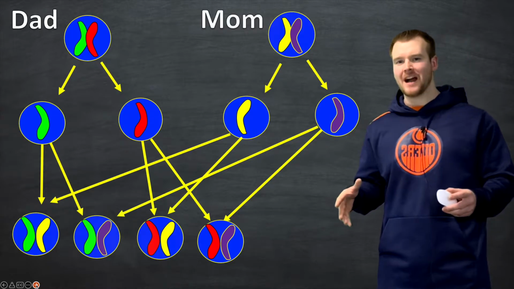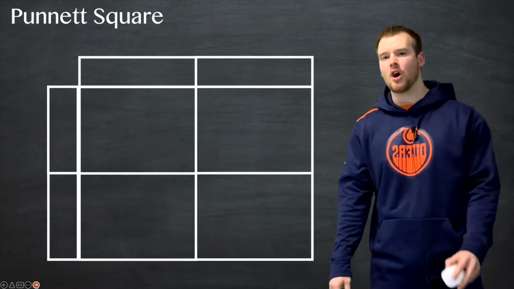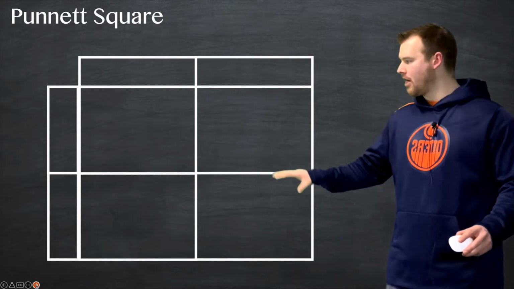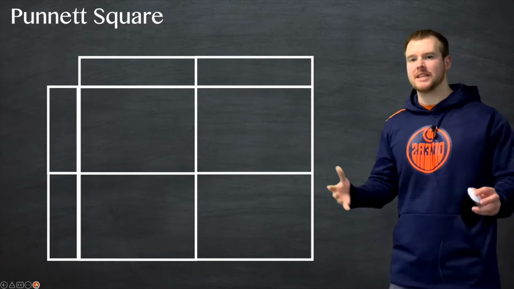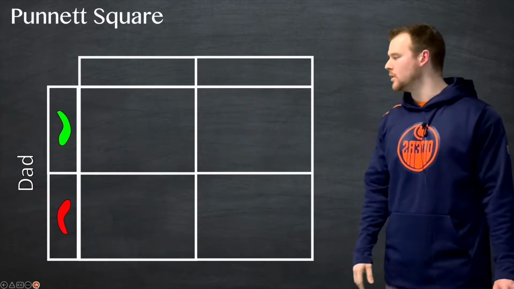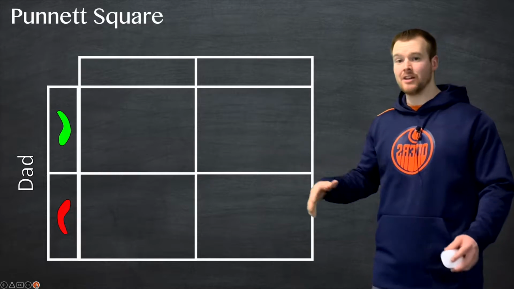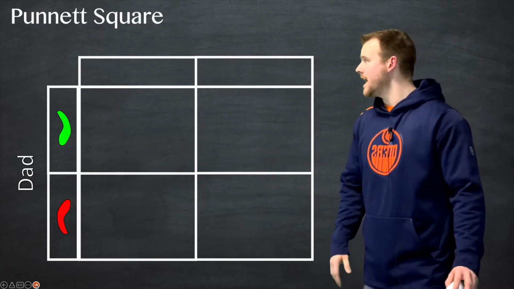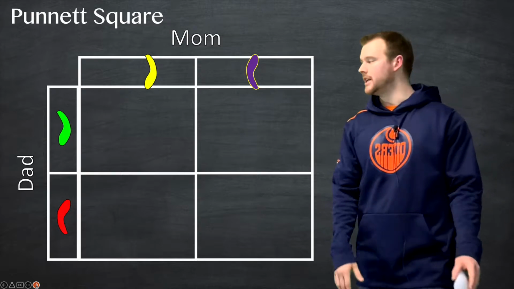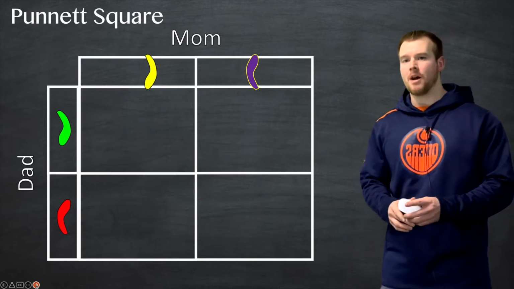So we simplify this into a grid system called a Punnett Square. How we're going to use this is on that side, we're going to put one parent. So let's say we put dad and the chromosomes that he has in those two boxes there, the ones that he could give to the child. And then up here we have mom with the two chromosomes that she could give. And then we just look at all the possible combinations.